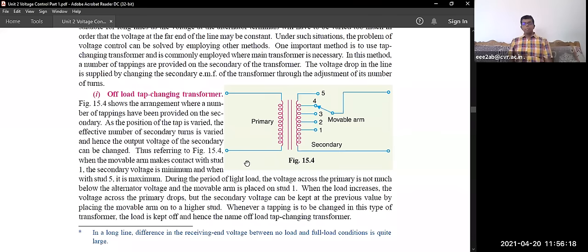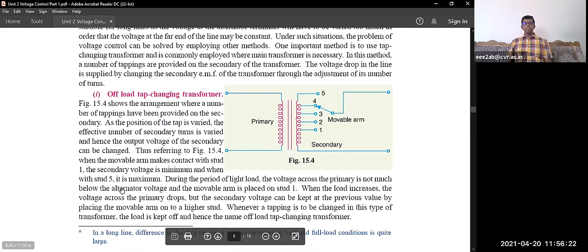During the period of light load, the voltage across the primary is not much below the alternator voltage, and the movable arm is placed on stud 1. When the load increases, the voltage across the primary drops, but the secondary voltage can be kept at the previous value by placing the movable arm on the highest stud.